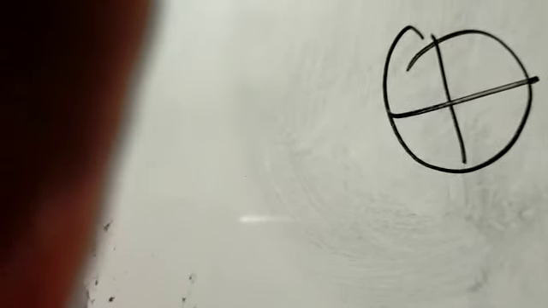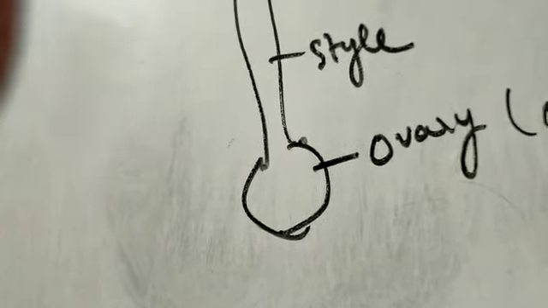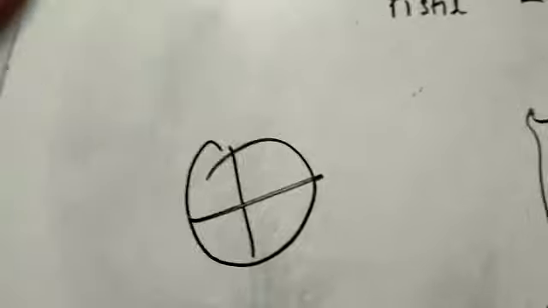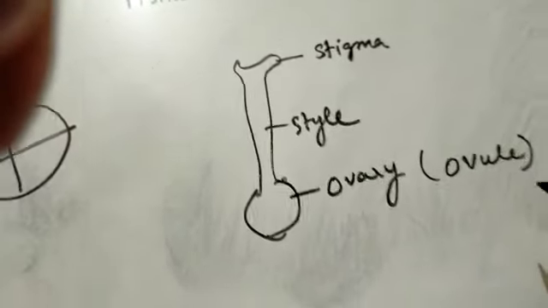This ovary could be bilobed or multilobed, and inside this ovary it contains the ovule, which is actually the egg or the female gamete.